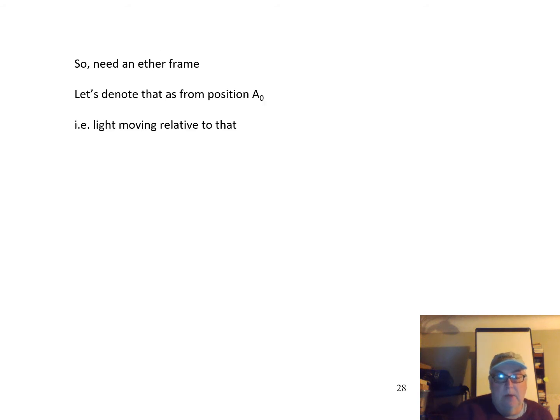So for the wave we need an ether frame. Let's denote that as from position A subscript 0, i.e. light is moving relative to that.